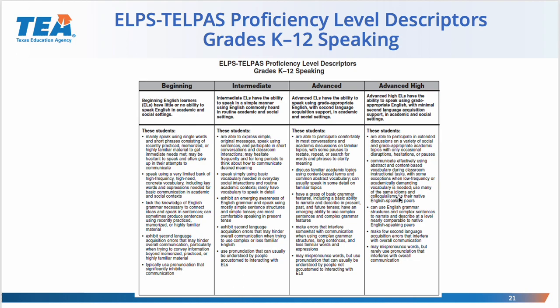If you hear kids using figurative language in their speech in K-1, and remember, this is the speaking rubric for K-12, but there's not a different rubric for K-1. But if you hear kids in kinder or first grade using those types of idiomatic expressions that is comparable to a native English speaker, then that's when you got the advanced high, right?